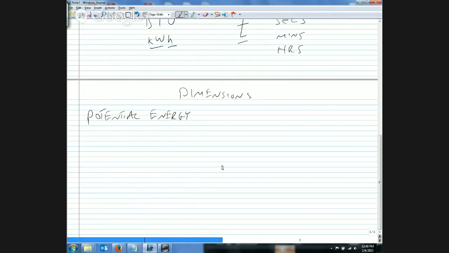So potential energy is some example where you might have some mass, M, sitting on a table, and you're then going to lift this. You could lift it by hand, you could use a forklift, anything, but you're going to have to lift it from one position up to a higher position. And to do so, you're going to lift it through some height that we'll just call h.